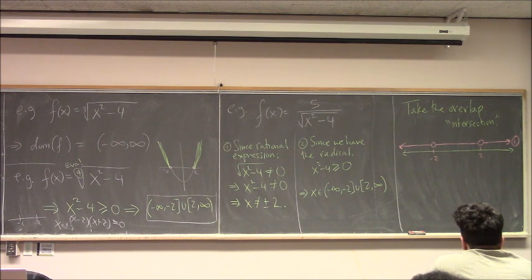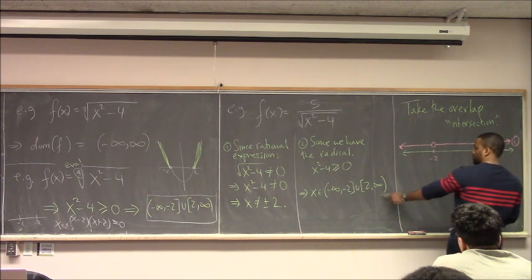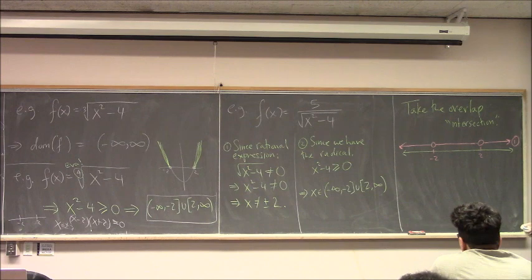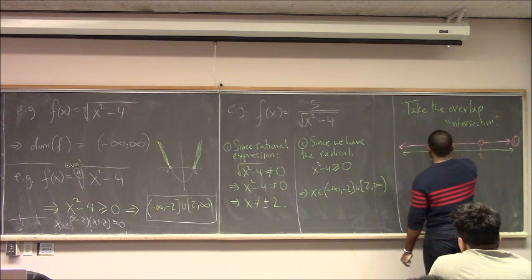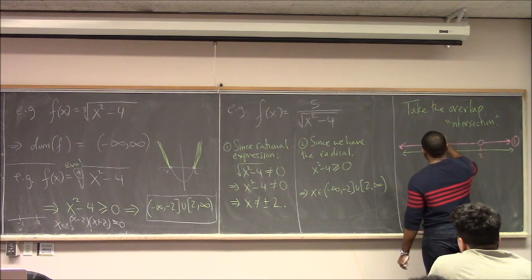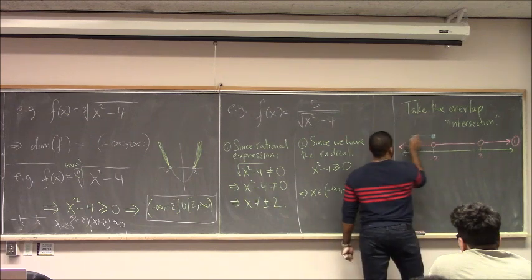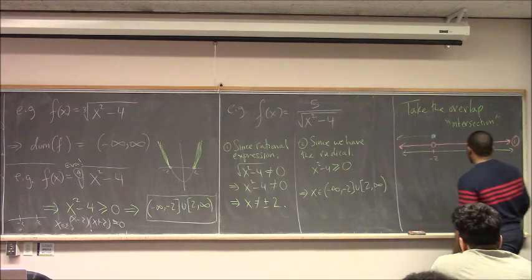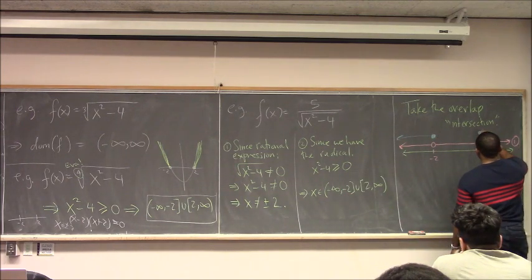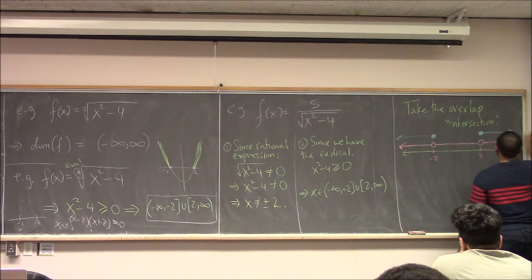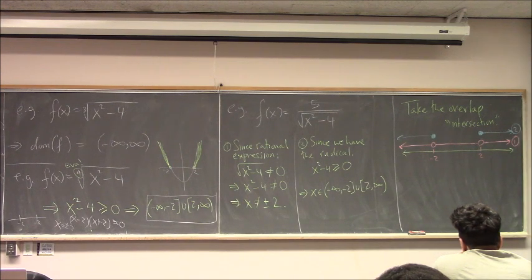Then I look at the second one, and that would say, okay, anything less than or equal to minus 2 or greater than or equal to 2, that satisfies the second condition. And what we want now is the intersection, or pretty much the overlap.